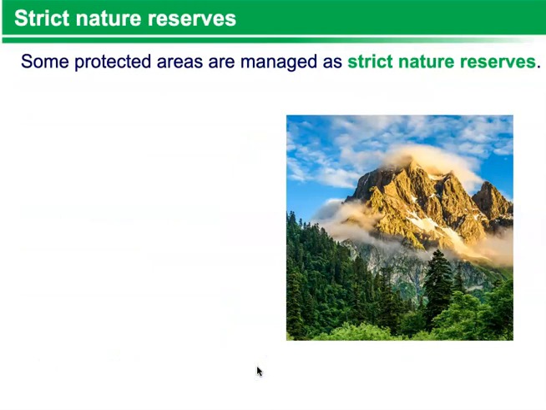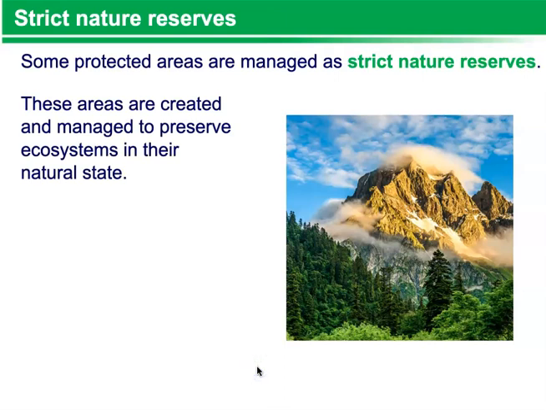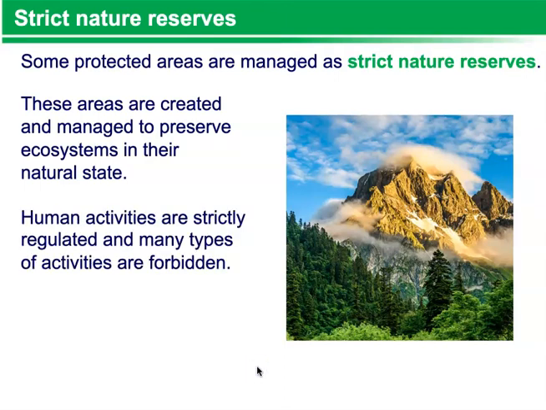We also have strict nature reserves. Some of these protected areas are managed in a very strict manner. These areas are created and managed to preserve ecosystems in their natural state. Human activities are strictly regulated, and many types of activities are forbidden.